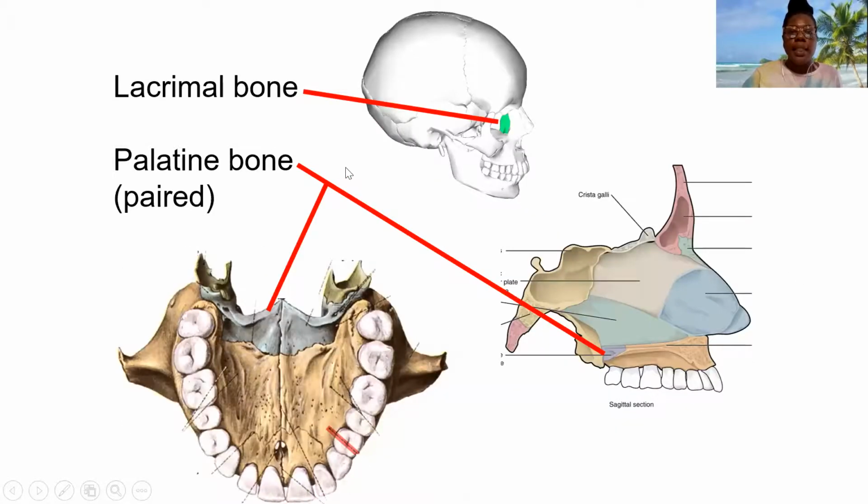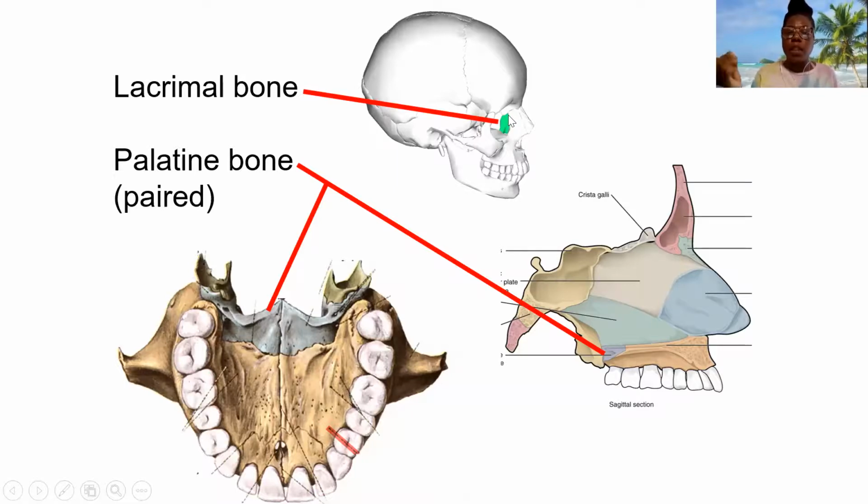All right, moving on to the lacrimal bones. The lacrimal bones are these medial bones, often confused with the nasal bones. So don't confuse the lacrimal bones, also paired, with the nasal bones. The lacrimal bones are found internally, so they're going to be posterior to the nasal bones, and they're pretty much holding the lacrimal canal in place.